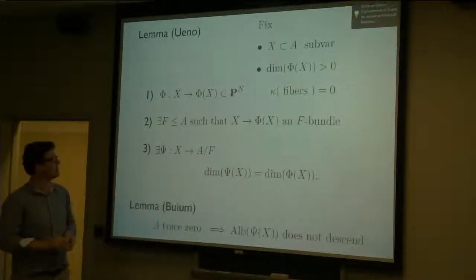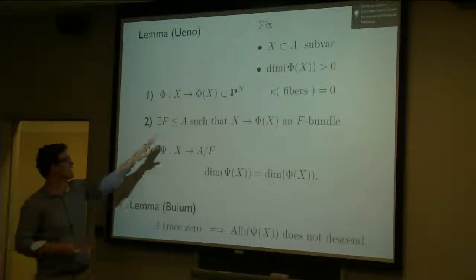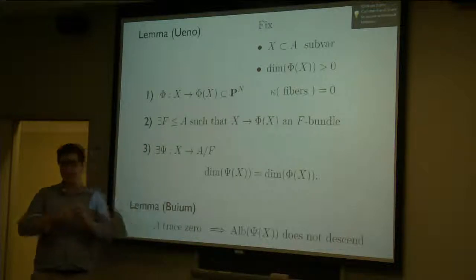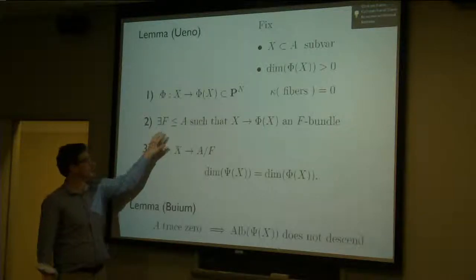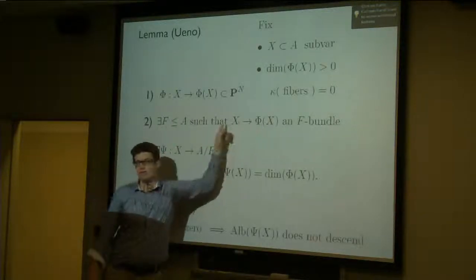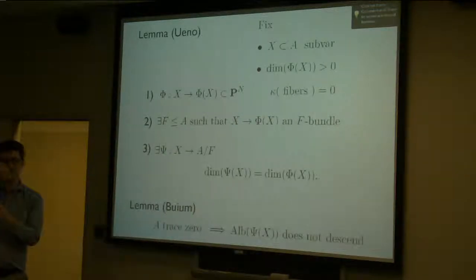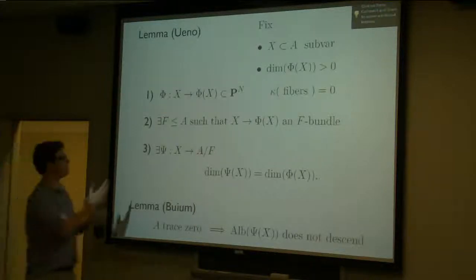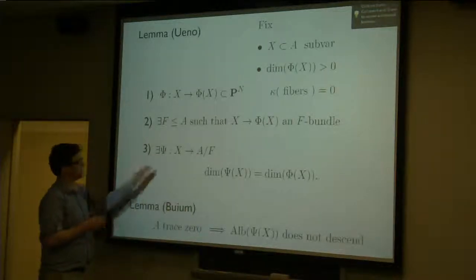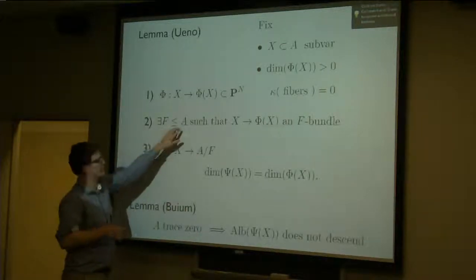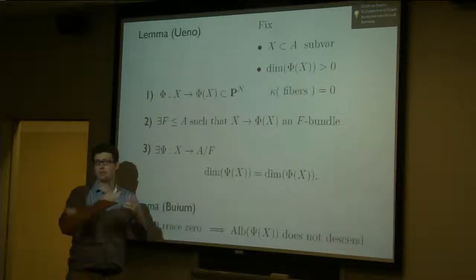And if you work étale locally, or you work in some analytic topology, like Alex does in his proofs, you find that this thing here is actually a fibration. So each fiber is the same abelian variety. And there's a canonical F, and what happens is that you can take this subvariety here and cook up a new map.